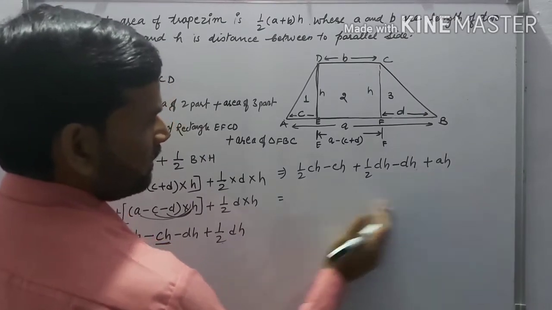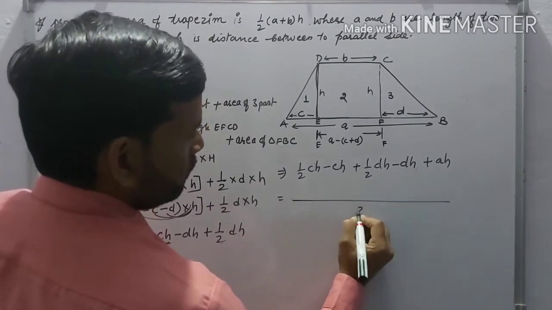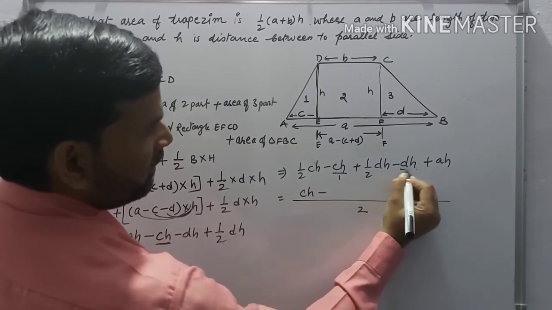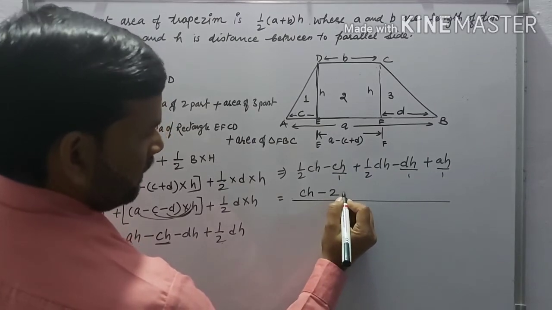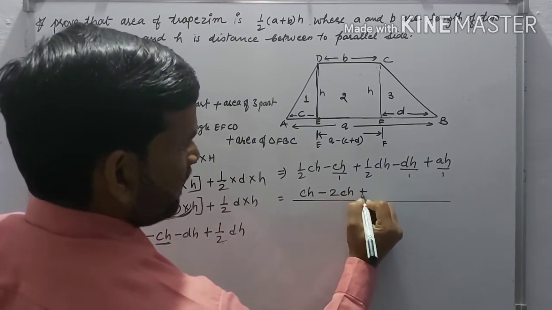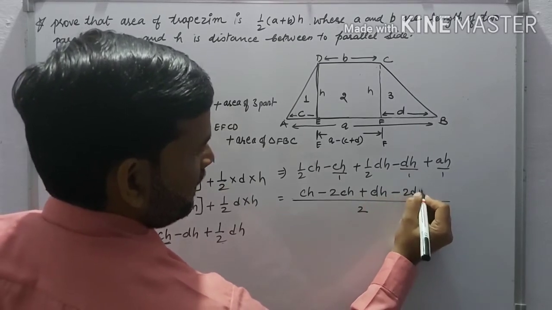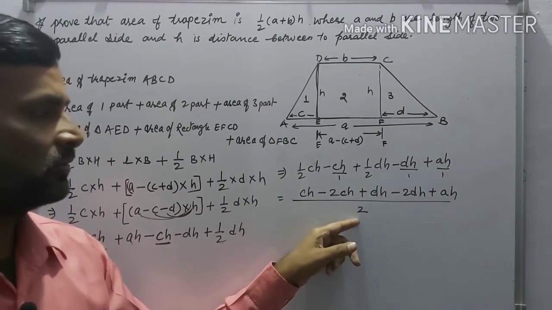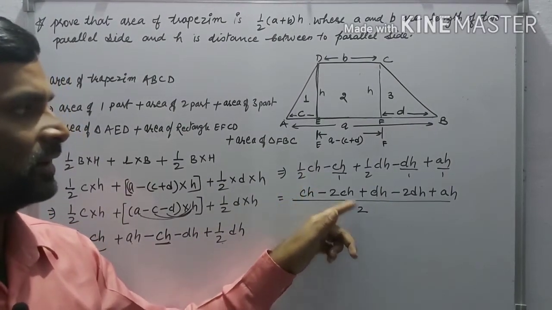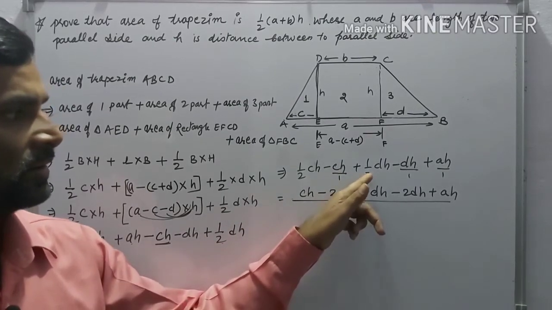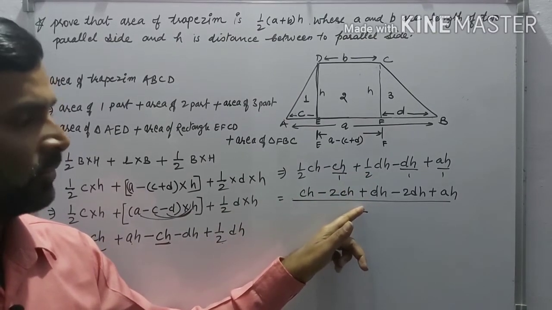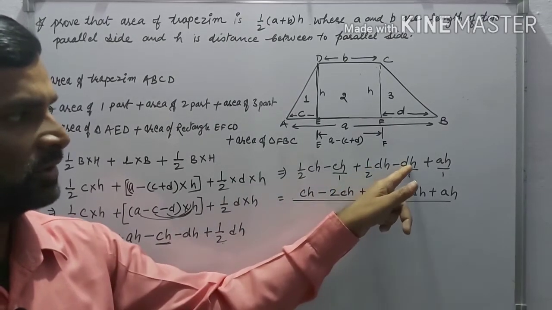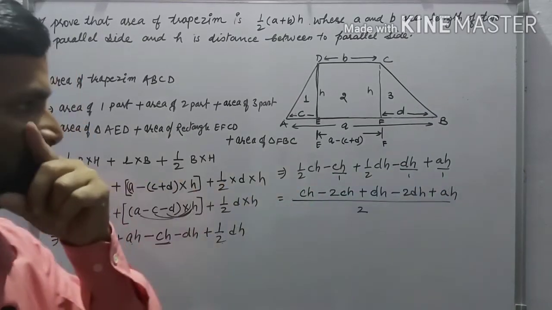Now we get ch minus 2ch plus dh minus 2dh plus 2ah over 2. Two divided by 2 is 1, that is ch, and 2 into ch is 2ch, and plus 2 divided by 2 is 1 into dh is dh minus 2dh, plus the last is 2ah.